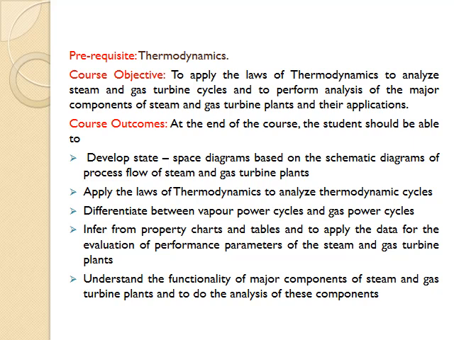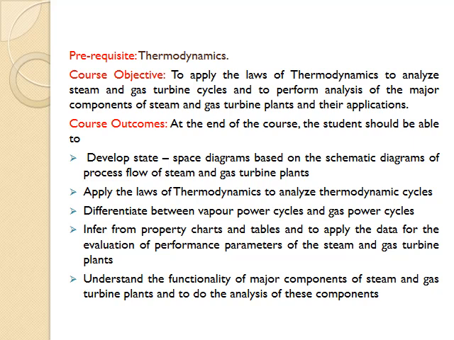And course outcomes. At the end of the course, which means after studying Thermal Engineering 2, the student should be able to develop state space diagrams based on the schematic diagram of process flow of steam and gas turbine plants, apply the laws of thermodynamics to analyze thermodynamic cycles, differentiate between vapor power cycles and gas power cycles, infer from property charts and tables, and apply the data for the evaluation of performance parameters of the steam and gas turbine plants.